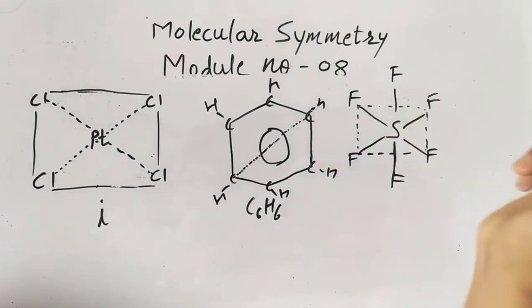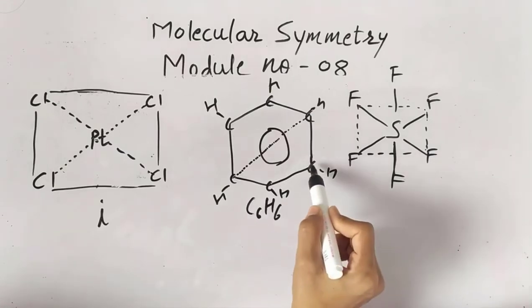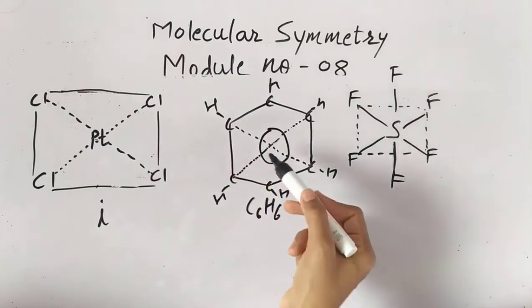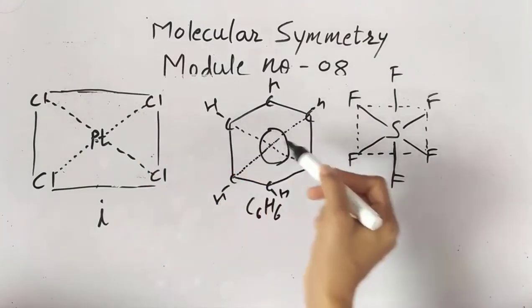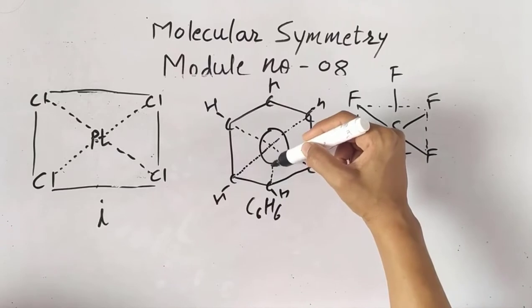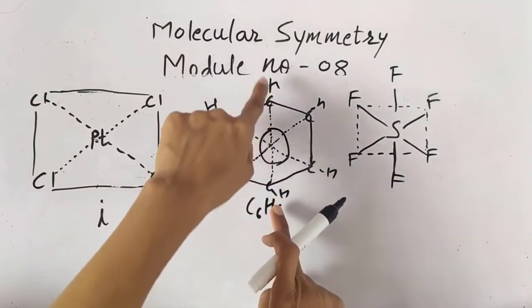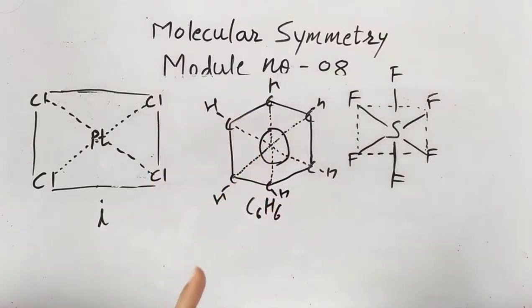Am I getting the same atom in the opposite direction and at equidistance? Yes. And is it happening with all the atoms present in the molecule? Suppose I am starting with this carbon atom. I am getting the same carbon atom at equidistance and in the opposite direction. Again, if I start with this carbon atom, I get the same carbon atom opposite to this and at equal distance. So we can say that the benzene molecule also possesses an inversion center.